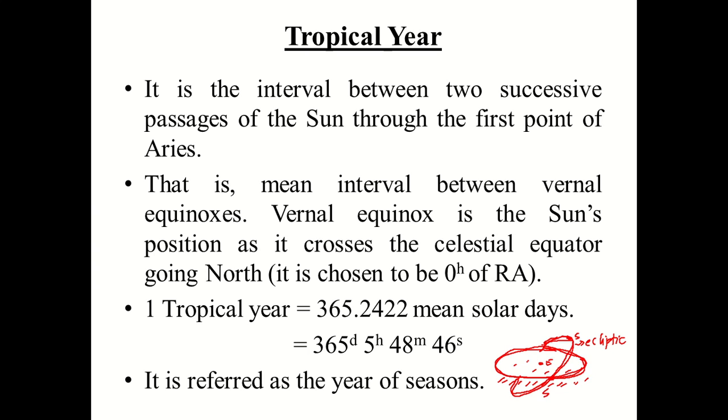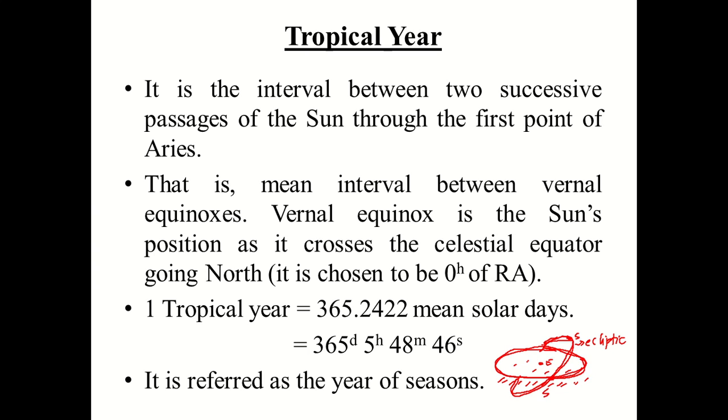That means it is the time taken by the Sun to pass successively through the meeting points of the celestial equator with the ecliptic.